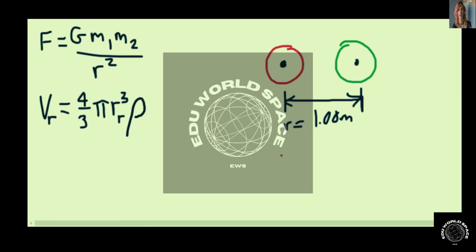Okay, so if we take the volume times the density, which is the same for the red one and the green one, then that's going to give us the mass of the red one.